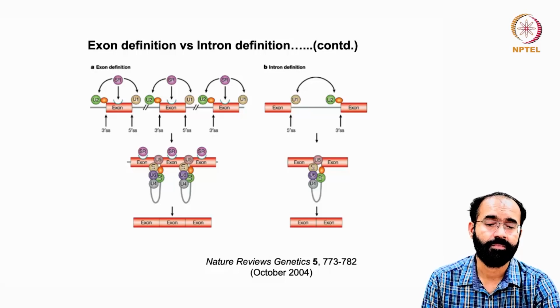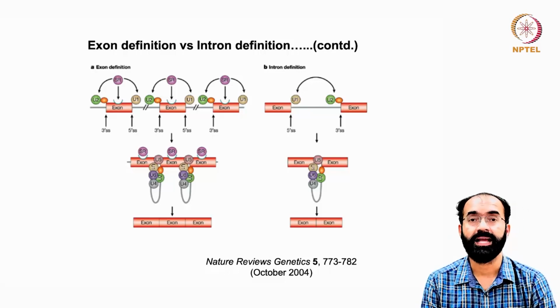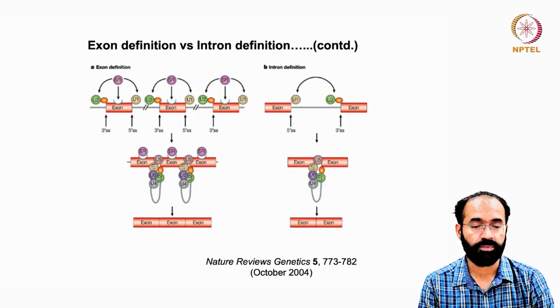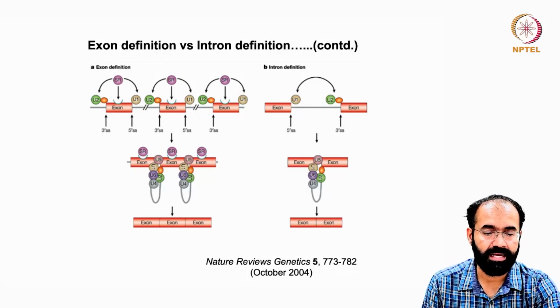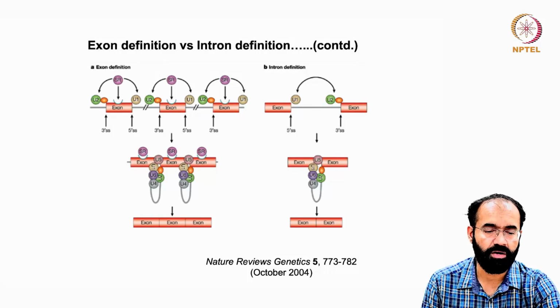Now let us think, how can we define an exon, or how can we define an intron? If you see here, a typical exon has a 3' boundary and also a 5' boundary, and it also has splicing recognition signal proteins bound onto the exonic sequence.